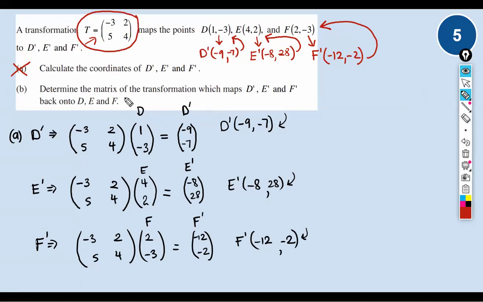The examiner is just simply asking you, hey, find the inverse of T. That is all he's asking you to do. He's not even asking you to multiply all the points by the inverse of T. He could have simply said, find the inverse of T, but instead he stated it in a way that you're moving in reverse, going from D prime back to the original D. So could you all quickly find the inverse of T for me?